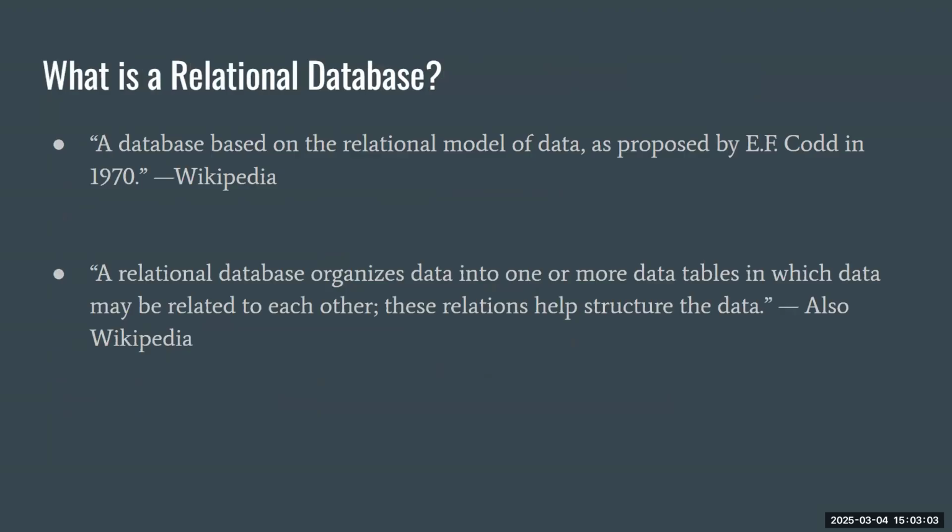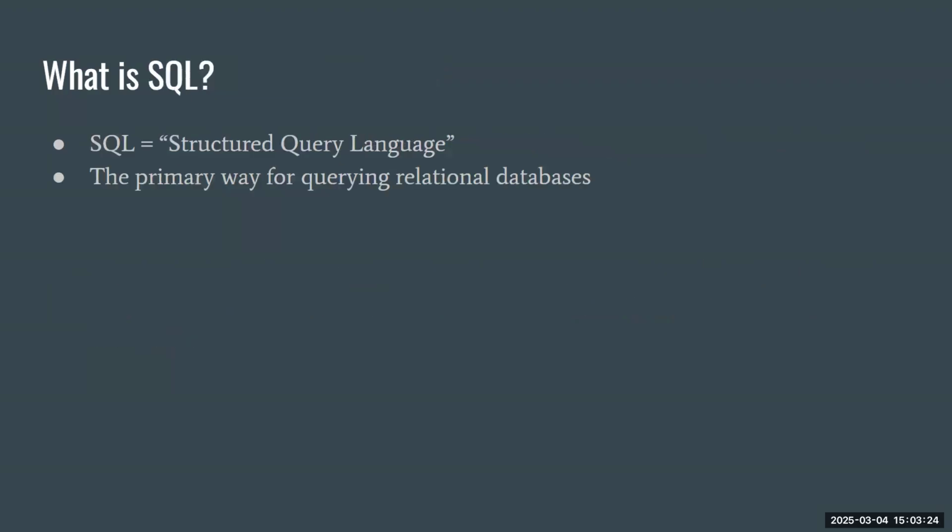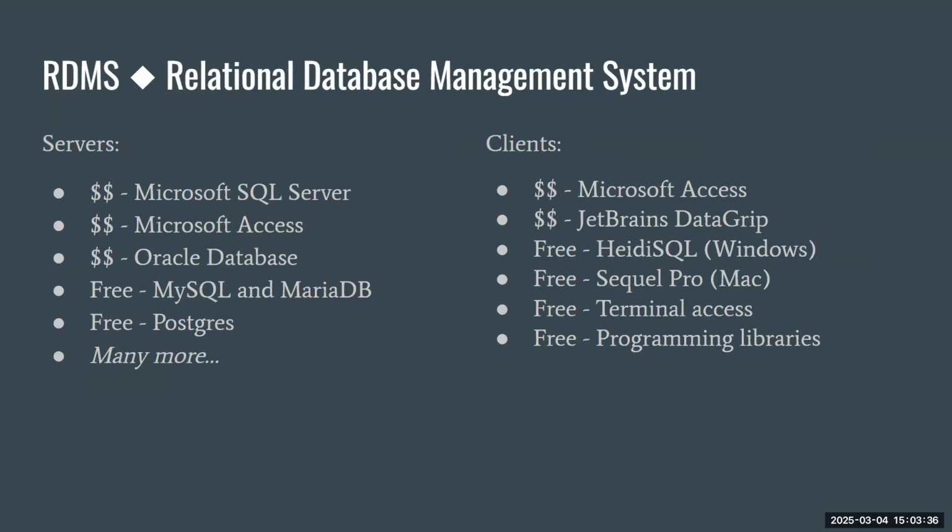It really describes what a relational database is supposed to do better than the official Wikipedia one. The MySQL page has a slightly better definition, but concepts like these are best explained through an example, which we did. And then I explained what SQL is, structured query language, and it's the primary query mechanism for relational databases.